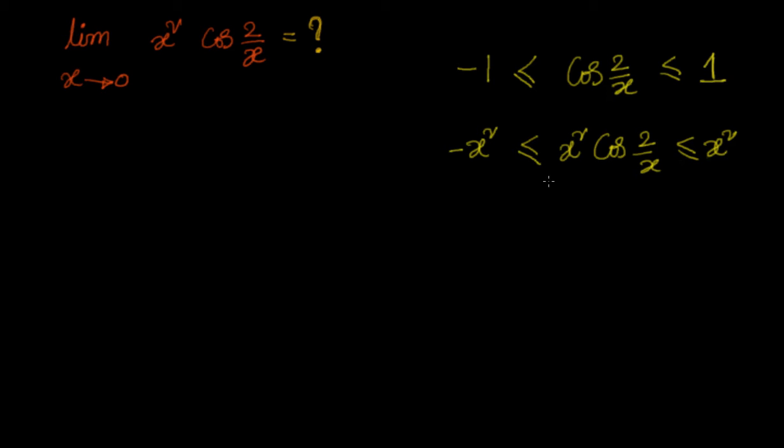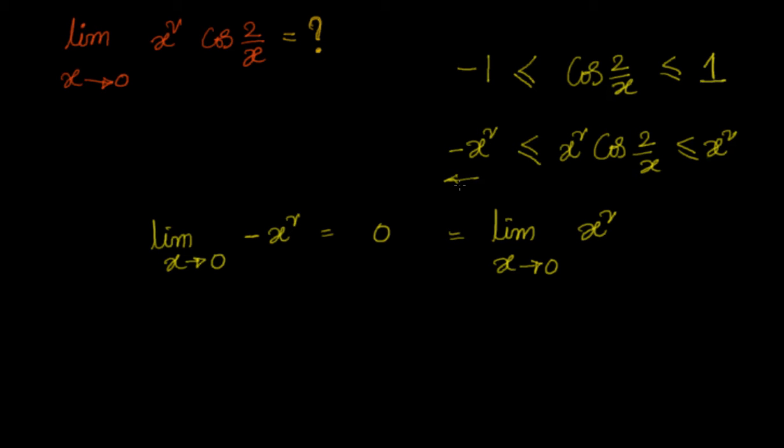Now suppose we apply the limit on this. The limit as x tends to 0 of minus x square is equal to 0. That is also equal to the limit as x tends to 0 of x square. Now you can see that the limits at the extremes both tend towards 0.